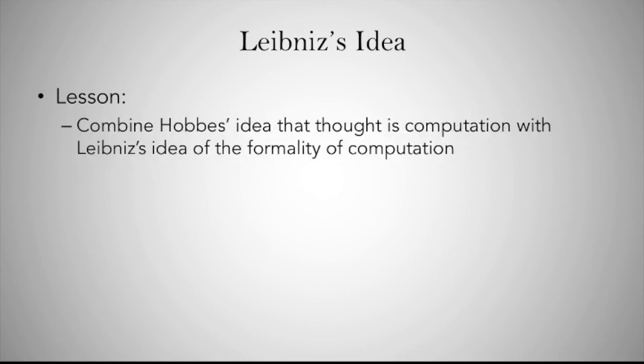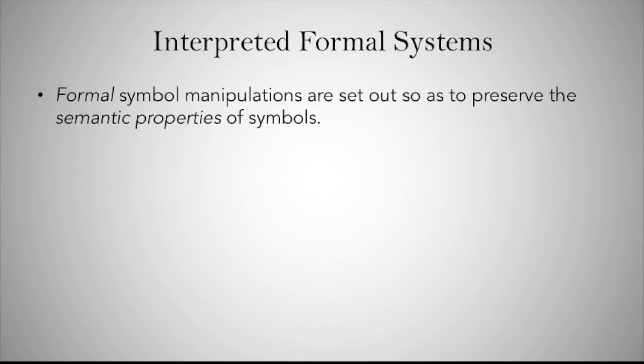So, to go to the heart of the classical computational theory of mind, we have to combine Hobbes' idea that thought is computation with Leibniz's idea of the formality of computation. And indeed, in the interpreted formal systems we have mentioned, such as arithmetic, algebra, propositional logic, and any programming language, the formal symbol manipulations are set out so as to preserve the semantic properties of symbols.